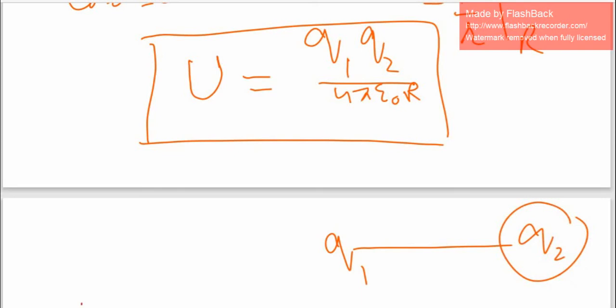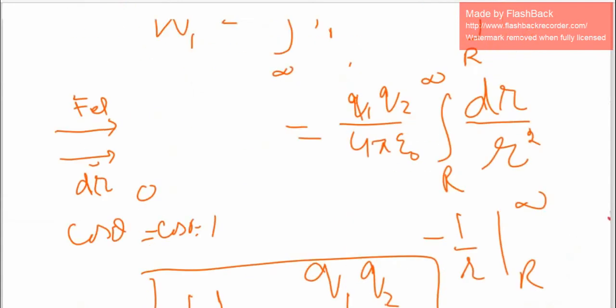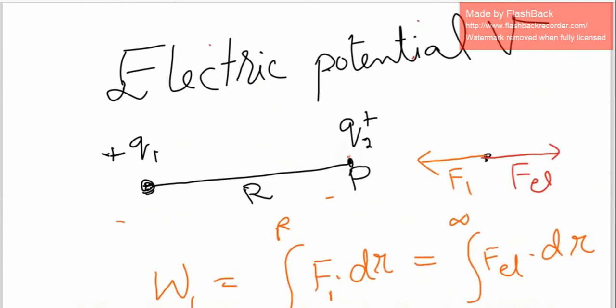Instead, if I am coming in a zigzag way and finally end up at point P here, I will do exactly the same amount of work.